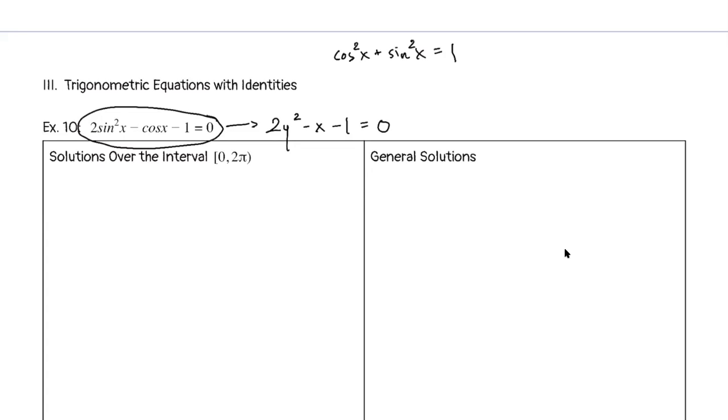Yeah, okay, so not the double angle one. That's not what she's saying. She's looking for that Pythagorean identity. So what could you write instead of sine squared? What does this equal?